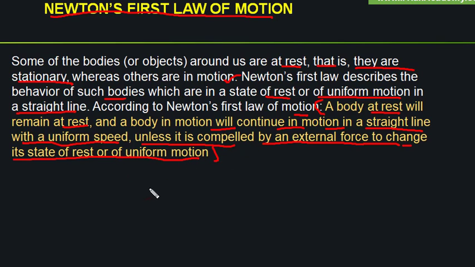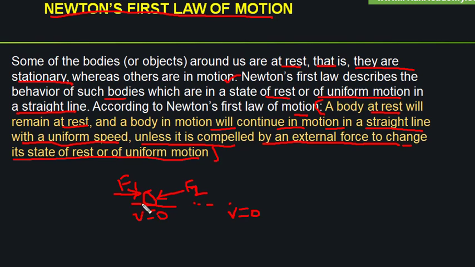It means if a body is at rest, meaning velocity is zero, it will continue to be at rest. So it will continue to have velocity zero unless and until there is a force in either direction. And when I say force, I mean unbalanced force.